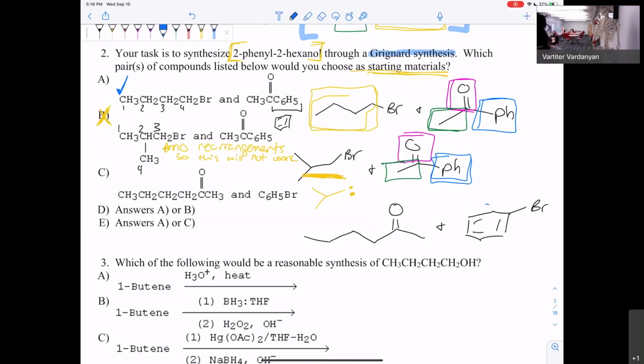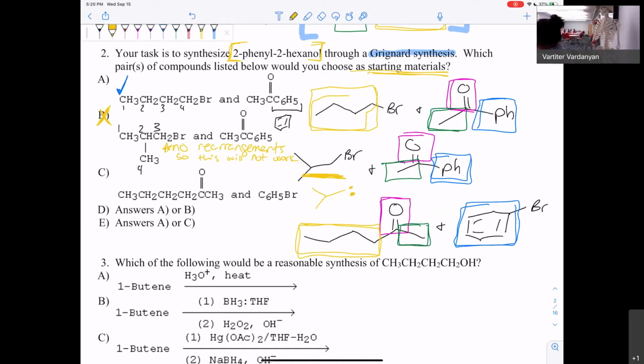So we have the phenyl group right here. We have the alcohol group right here. We have our methyl. And we also have our straight chain, our 4-carbon straight chain.